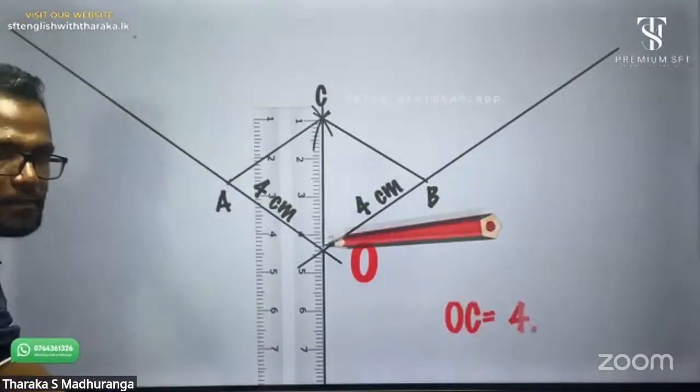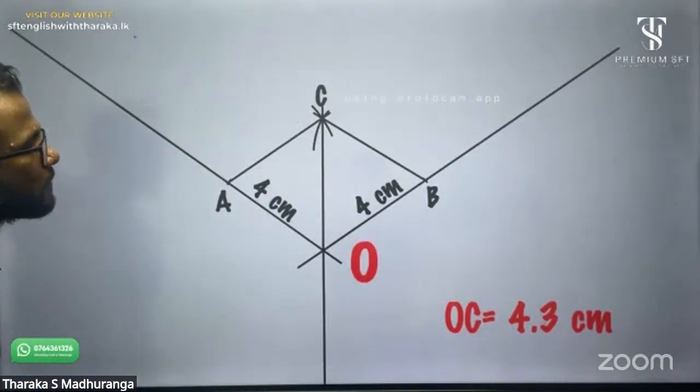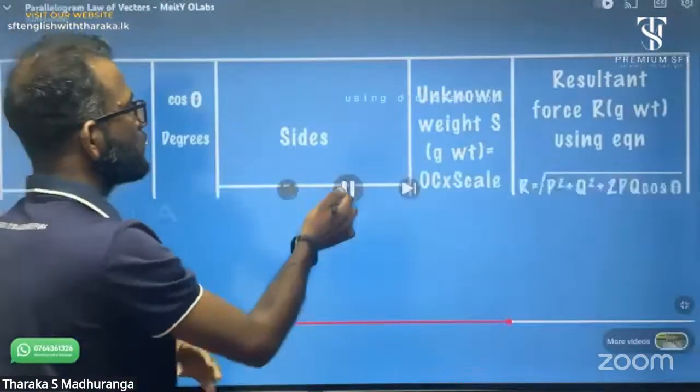Now draw the diagonal OC. It is found that OC is equal to 4.3 centimeters.